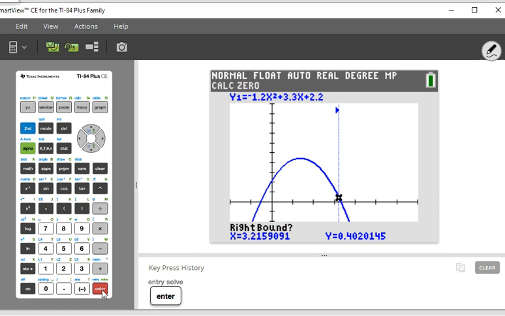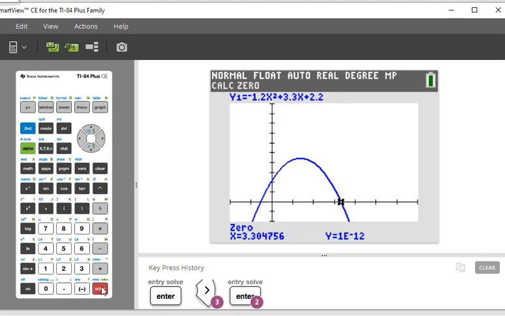Now it wants to be to the right side of the intercept, and to be on the right side of the intercept, we need to be below it. Hit enter, guess it, yes, please do. Remember in another video, 1e to the negative 12. That just means I moved the decimal 12 places to the left because it's negative. That's like saying 0.